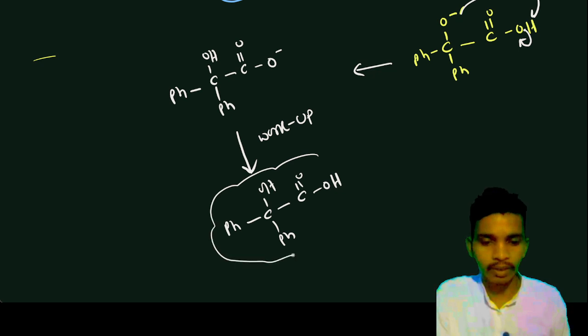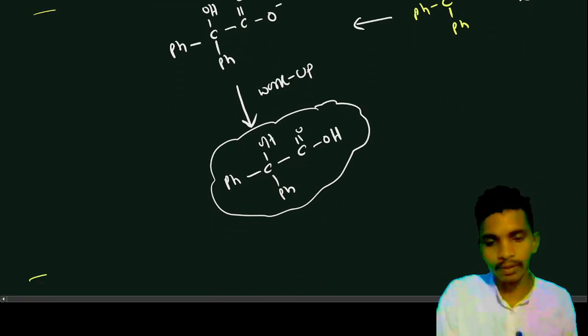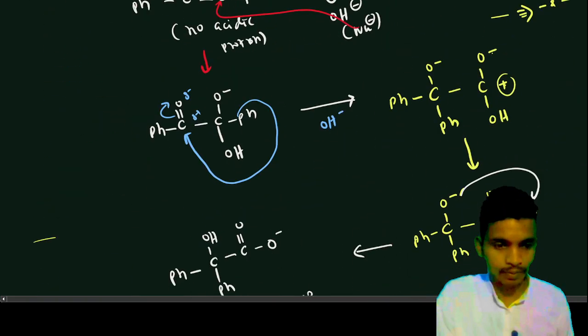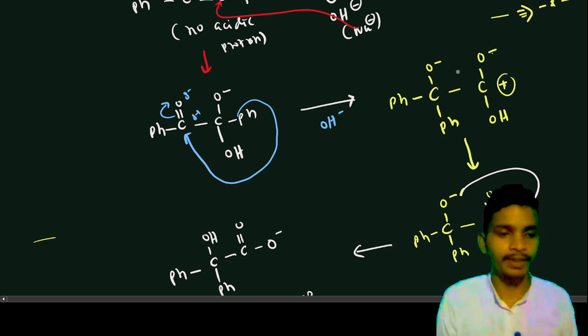So this is the final product for this reaction. We will get this after doing this. Okay, so this is the mechanism of this Benzil to Benzilic acid rearrangement.